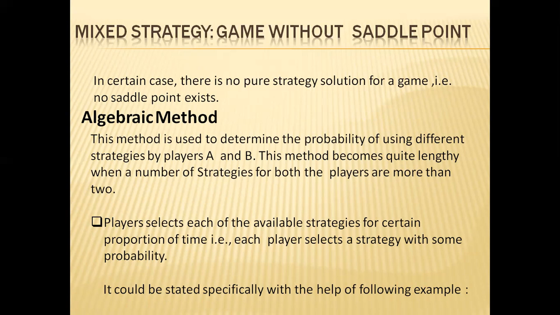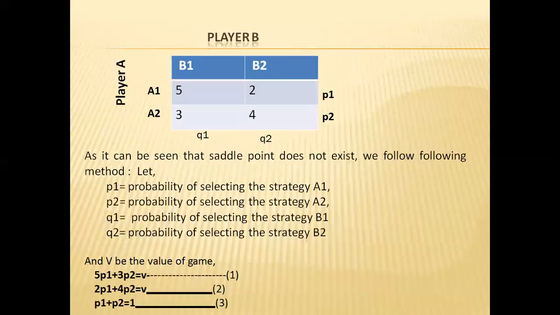But when the number of strategies increases, n for A and m for B, we have to choose conditions based on an elimination strategy, that is, without any saddle points occurring, eliminating rows and columns by applying the minimax and maximin conditions, column-wise for B and row-wise for A, as we will see in the example solved with this algebraic method.